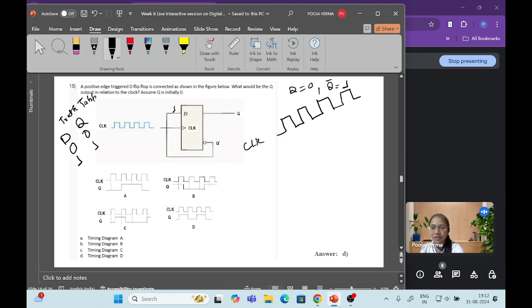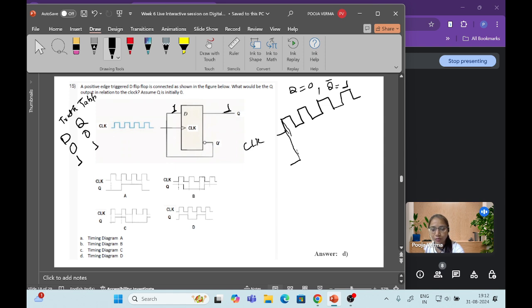When the clock is applied, starting from here, D is 1, so the output is also 1. Q is 1 because D is 1. For a D flip-flop, the output follows the input, right? Already we know that.